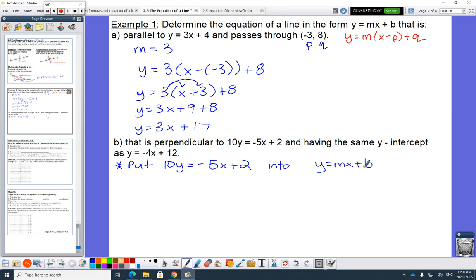Okay, so you have to divide by 10, divide by 10, divide by 10. We should reduce.